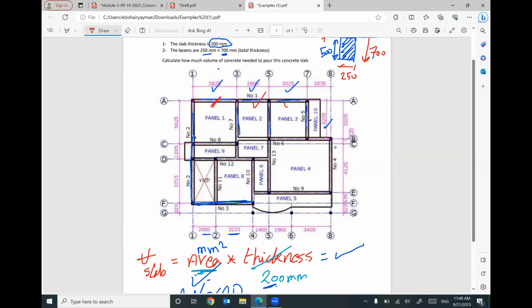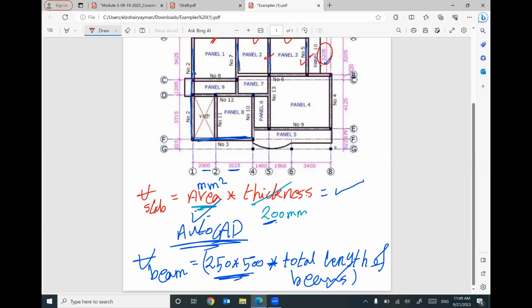For this one, I will add 3,325. Plus, for this one, I will add 3,205. For this part, I would multiply the previous one by 2, or add another 3,205, and so on. By the end, equal will give you the total length of your beams.